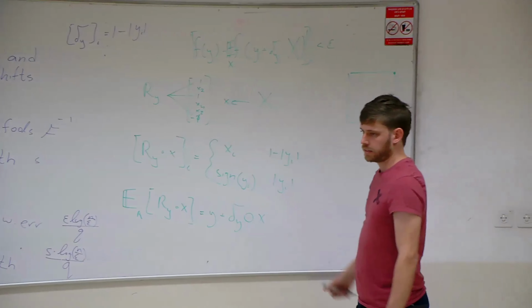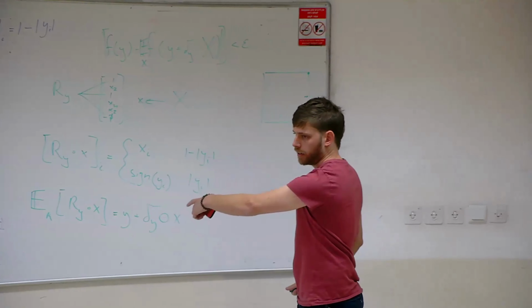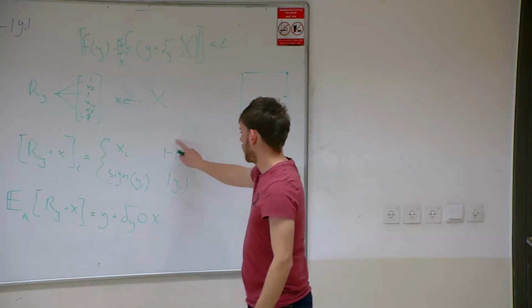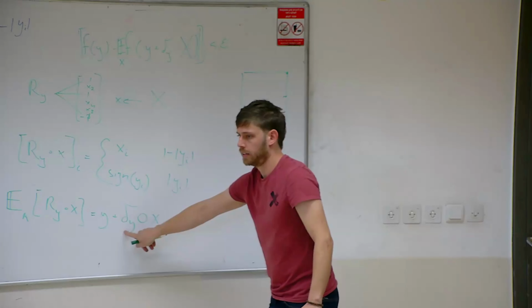This is just working out the expectation. You get this because 1 minus y is just delta y.